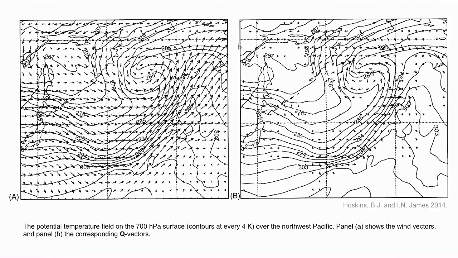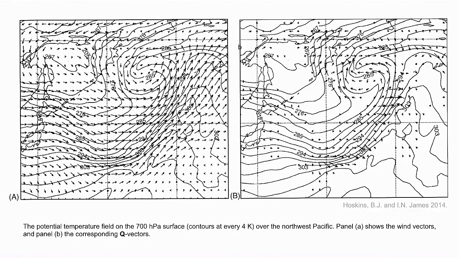Here's an example. This is an example of a cold front, and everything I'm going to do is in the northern hemisphere for two reasons. One, I don't have to think about F being negative, which complicates the signs, and two, because you can go away and do it. All the examples I now do, go away and do them for the southern hemisphere. See how they work. The left-hand panel here is the potential temperature at 700 millibars and the wind field.